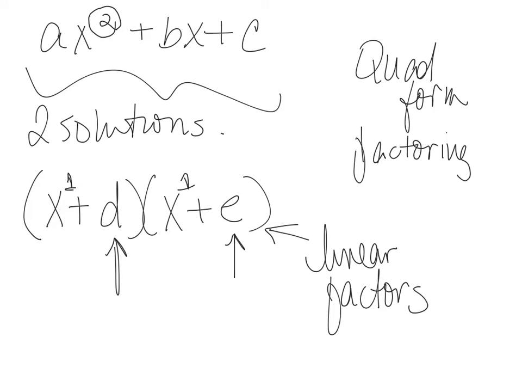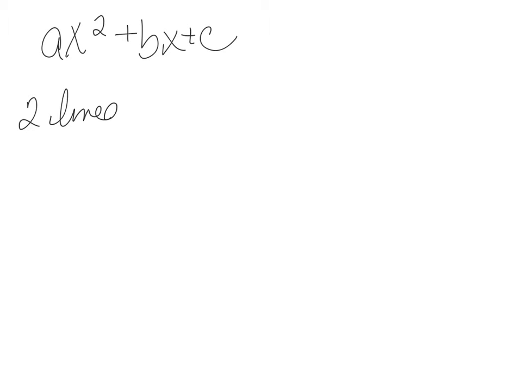Okay? What types of solutions can a quadratic equation have? So again, I have ax squared plus bx plus c. That leads to two linear factors and two solutions.